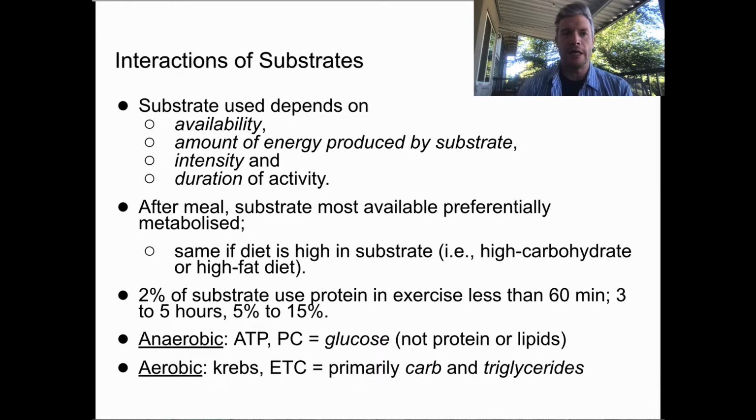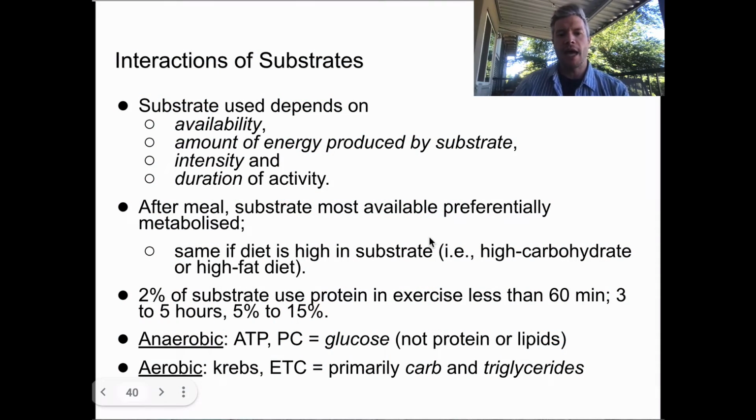From previous lectures, my examples for the rare times during physical activity that protein gets metabolized are very long distance or endurance-based activities: Ironman triathlons, Ultraman, ultra marathons, activities that are 5 to 10, sometimes even 12 to 17 hours in duration. That's when protein starts getting utilized. So, pretty extreme cases, or a starvation scenario where the body is extremely deprived of food.